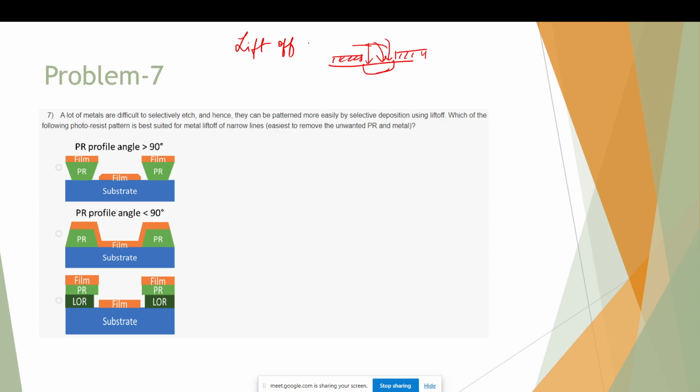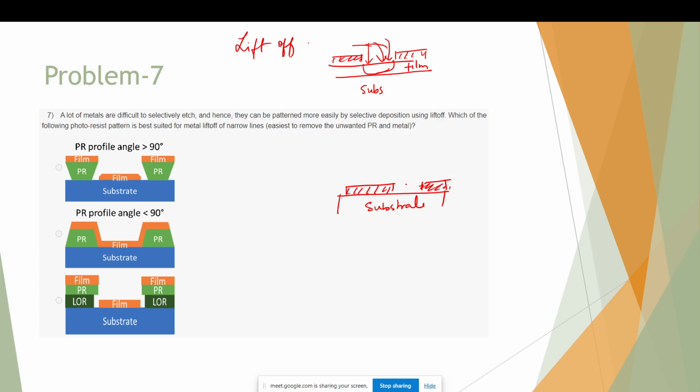In liftoff, instead of having a thin film beforehand, where we had a substrate and a film that we wanted to etch, we first have a substrate, and on top of it I first transfer the pattern from the mask to the photoresist.